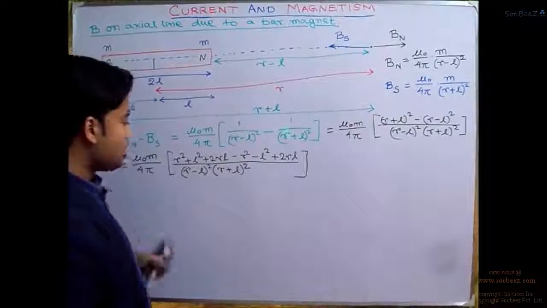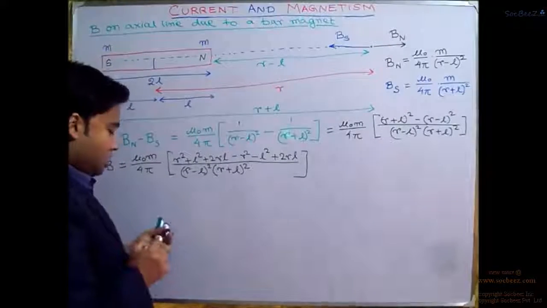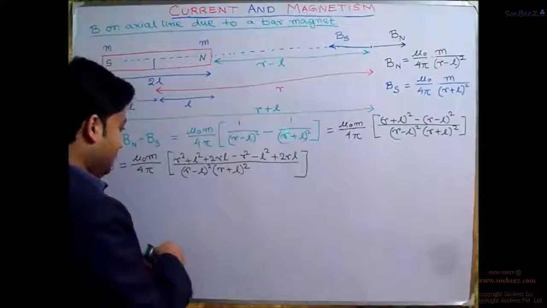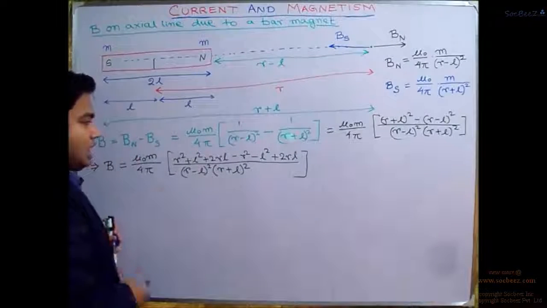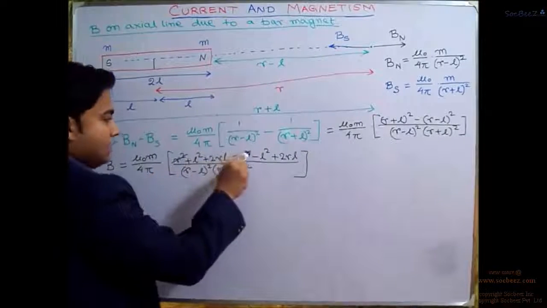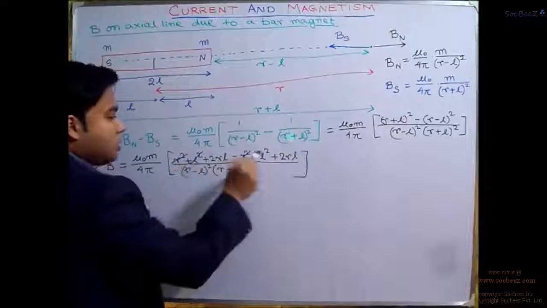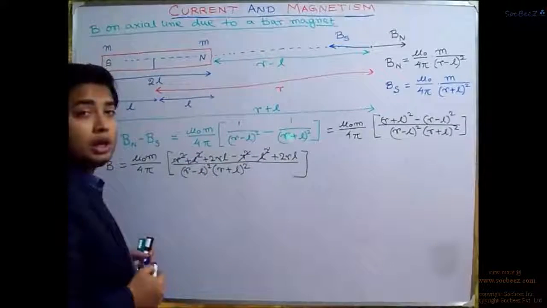Right? So we can now see over here that we can actually cancel out this r square and negative of r square, with again l square with the negative of l square.